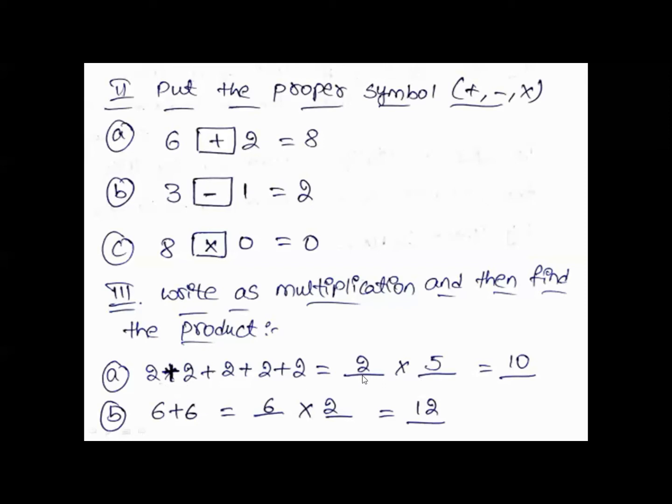We have to multiply. How many 2s are there? Into 5. 5 twos are 10. Next, B1. 6 plus 6. How many times 6 are there? We are having 2 times. 6 constant, product into 2. 6 twos are 12. Product is 12.